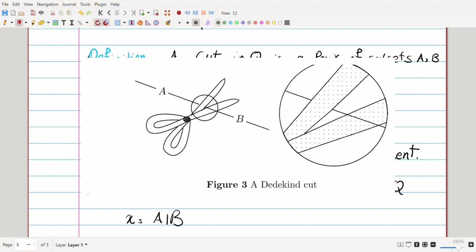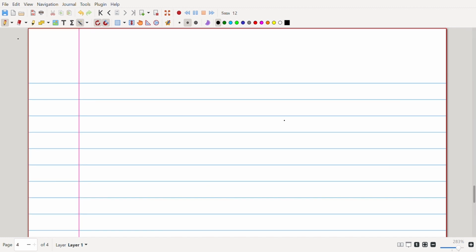The left side will be A and the right side will be B. Okay, now we know what a real number is, but it may occur to you that a real number now looks like this, where A and B are sets.